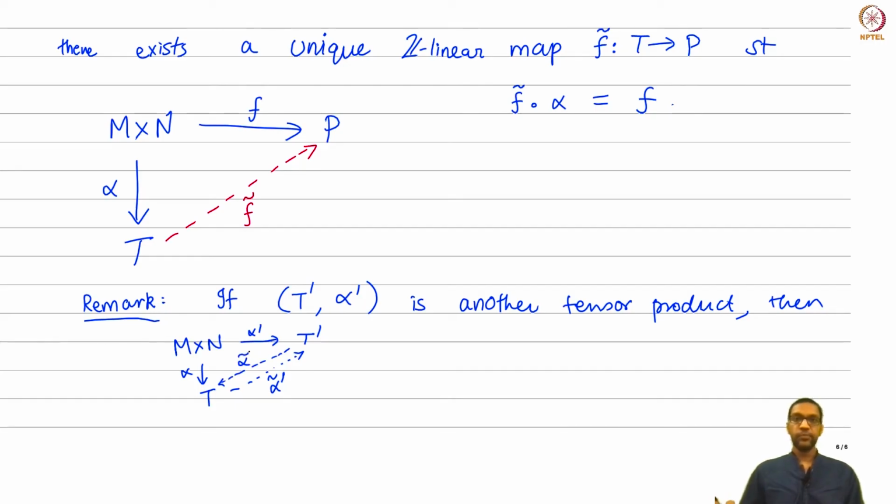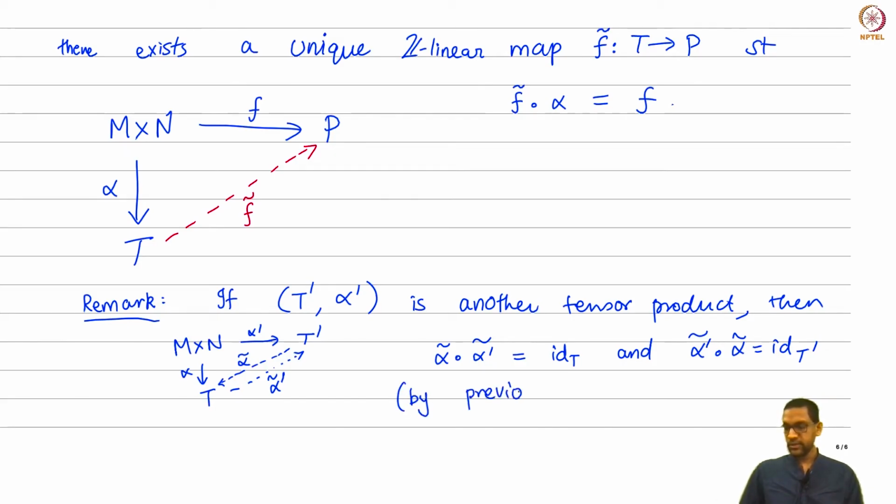So these were the same arguments which we gave for the case of Z modules, and one can show that their compositions are identities. Okay, then alpha tilde composition alpha prime tilde is just the same as alpha prime alpha is the identity on T, okay, by the same arguments as before, by previous arguments.